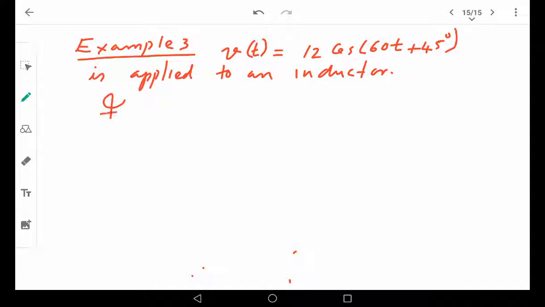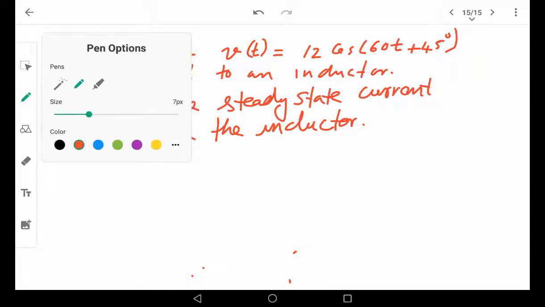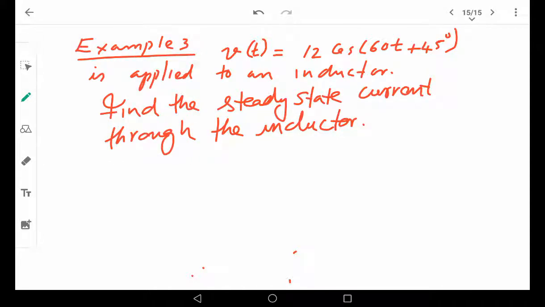Find the steady state current through the inductor.